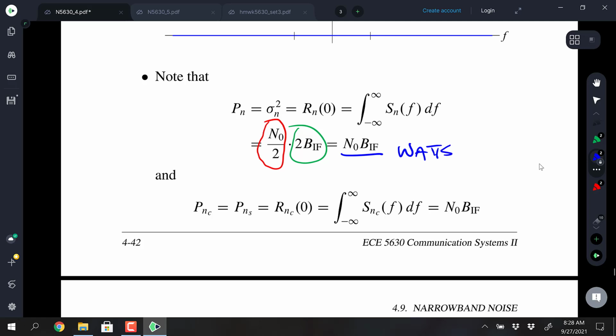And then the in-phase and quadrature components are the same thing. Each is N0 times B_IF. This is the way the model is built up. This is where the 3 dB confusion arises: why isn't each of the in-phase and quadrature half, so that when summed together it's N0 times B_IF?